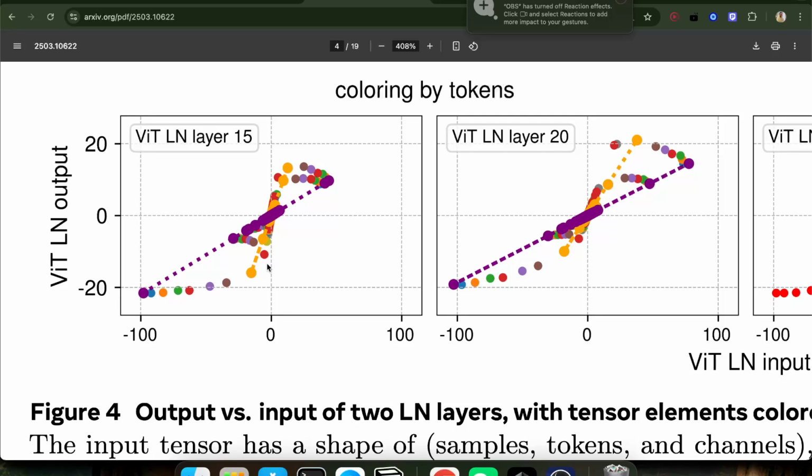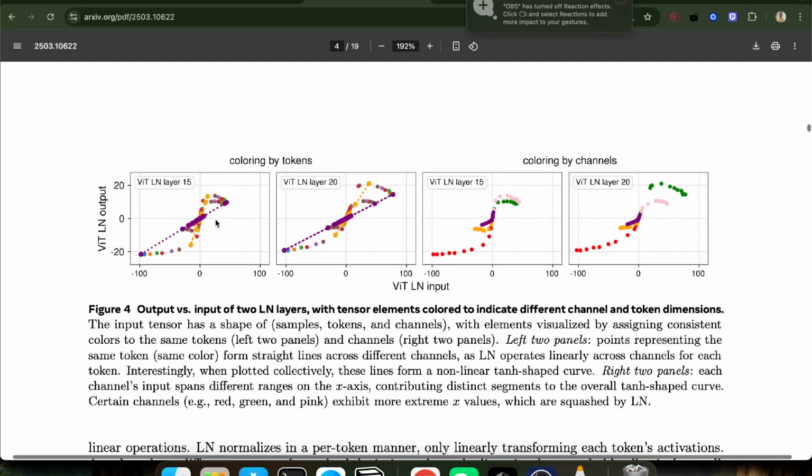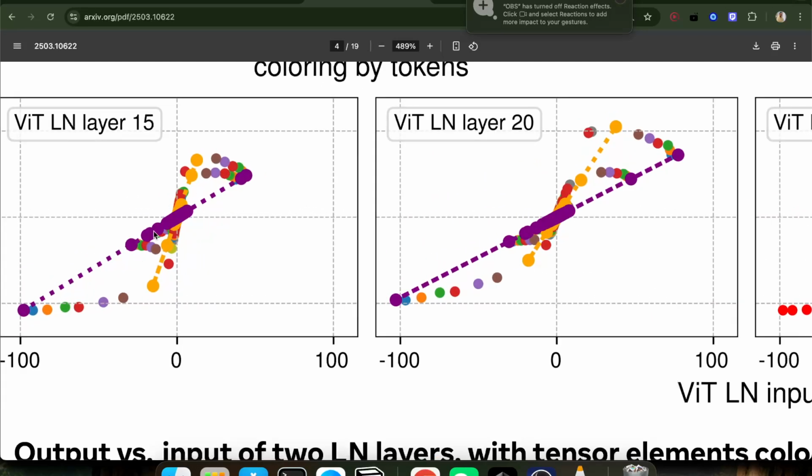So there is a token embedding that's long, who knows, let's say 1,000 numbers, but for simplicity I think they just have maybe 7, 8 numbers here, and each of those numbers in that vector is colored by the same color.